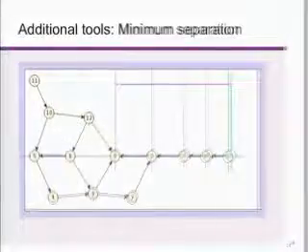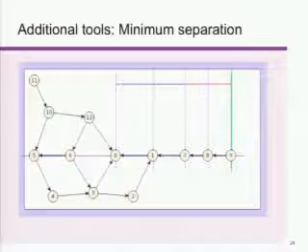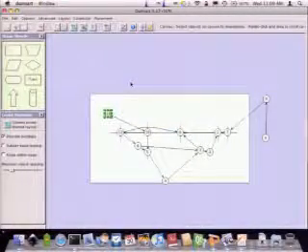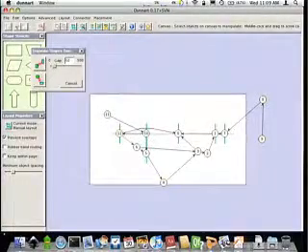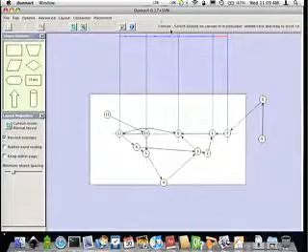Also, we created a tool for allowing minimum separations to be specified between guidelines. This is similar, but not exactly like the distribution. I'll show you how this looks. You basically select some objects and say keep them separated.